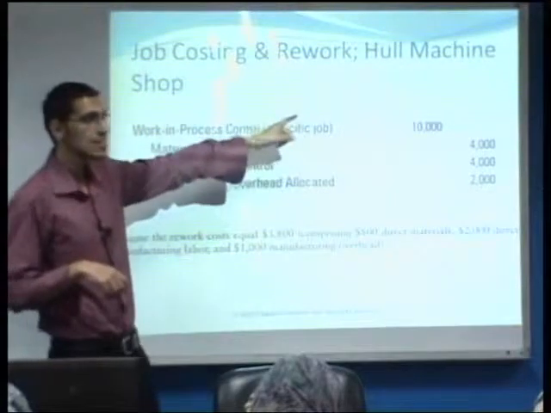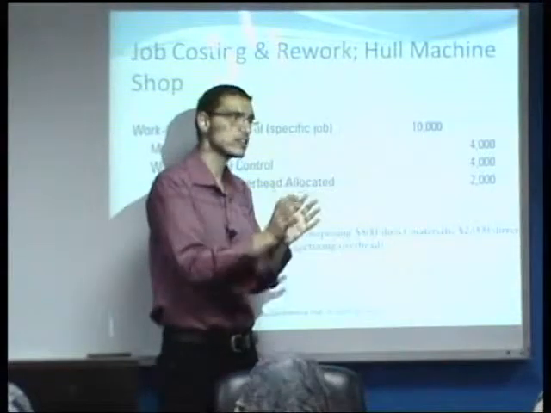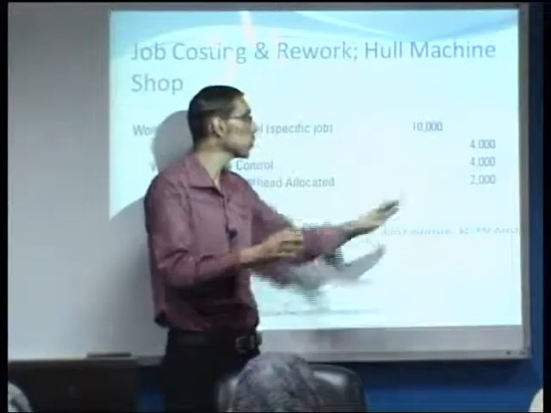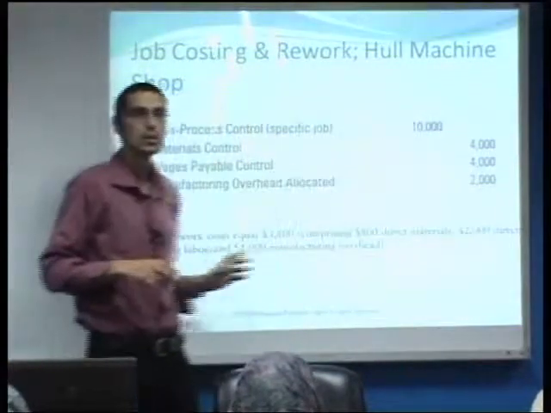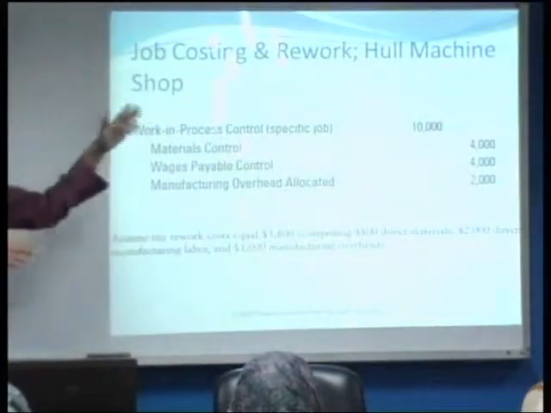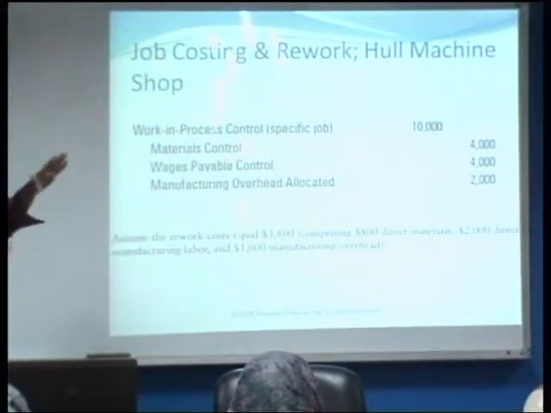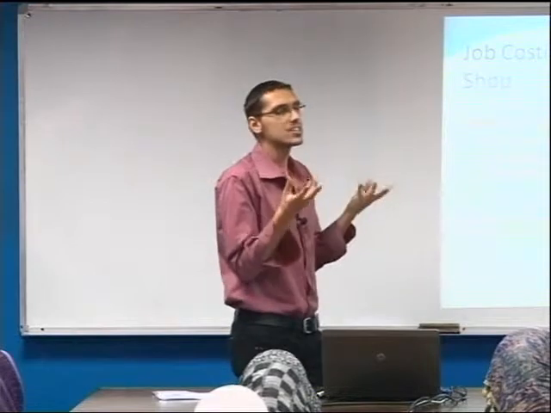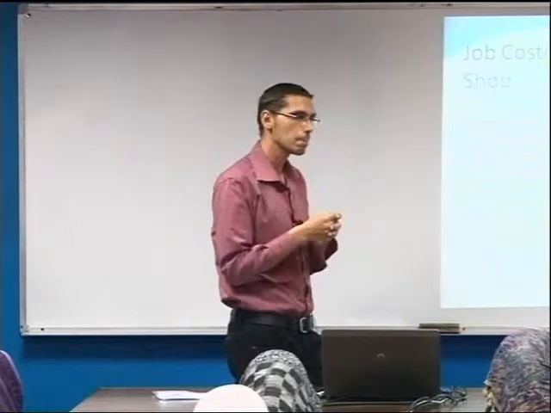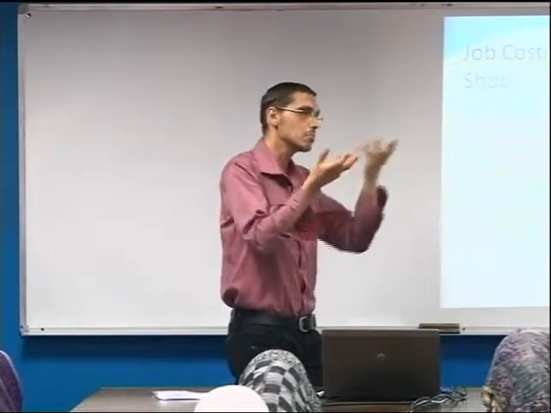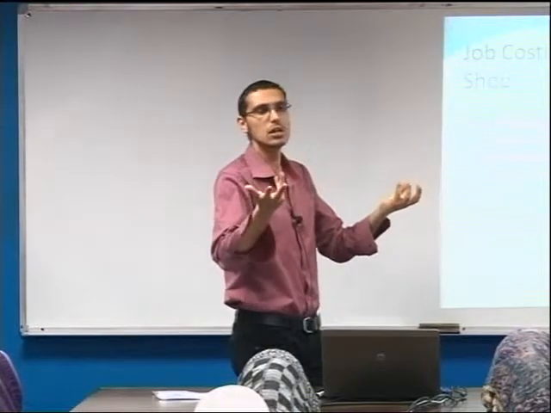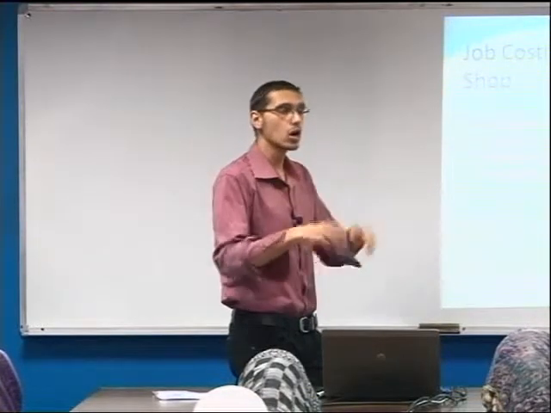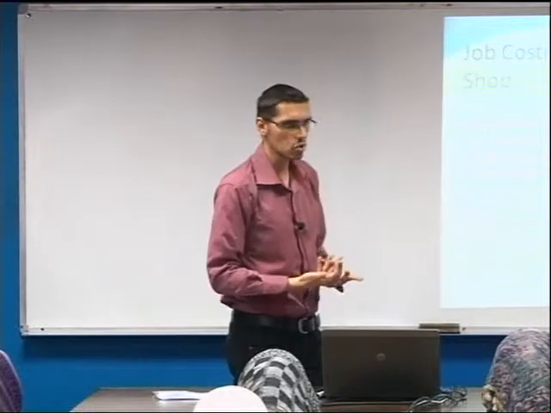Therefore, as you can see, the total cost of these 5 spoiled units is $10,000. Now, if these parts can be repaired and changed from defective units into good units, therefore we are going to incur additional costs, correct?